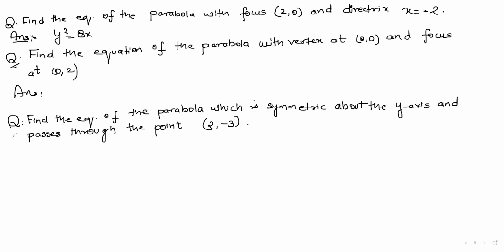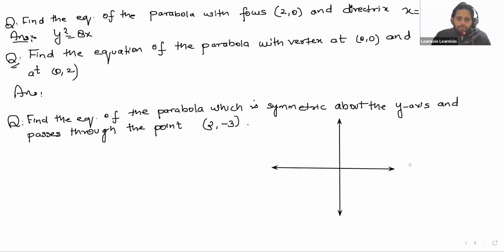So in the last question, (2, -3) is the vertex. The parabola is passing through this point (2, -3). They're saying that the parabola is symmetric about the y-axis. Symmetric means these two parts should be the same. So we have two options. Either the parabola will be like this, which is symmetric about the y-axis, or the second option is this one, which is also symmetric about the y-axis.